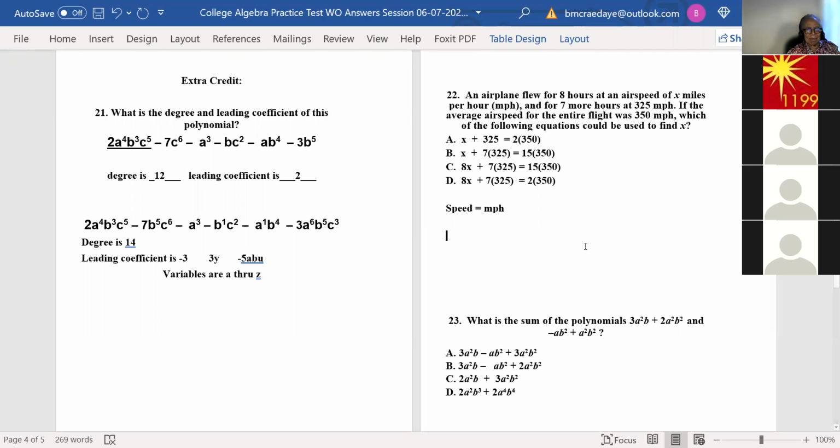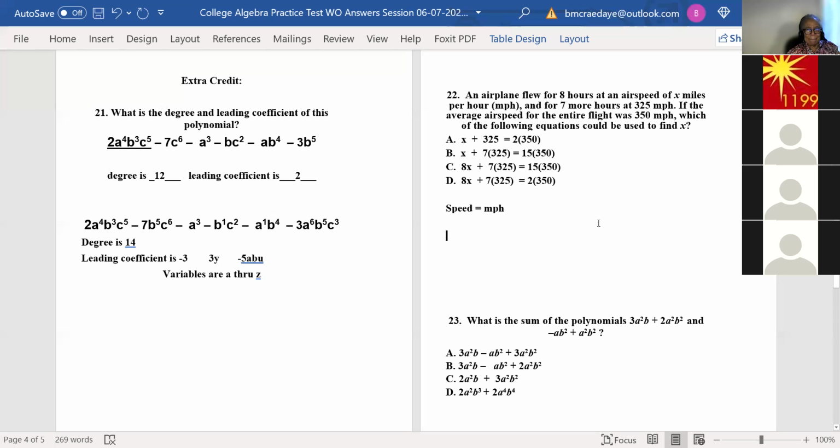They tell you X is miles per hour. So how would I set this up for the average for these two different hours, 8 hours and 7 hours?